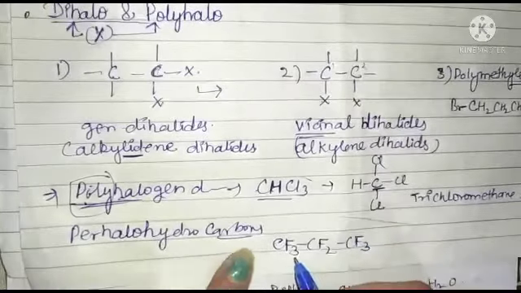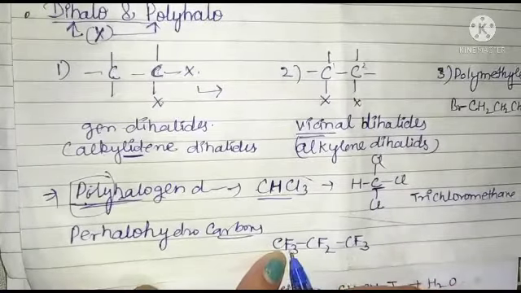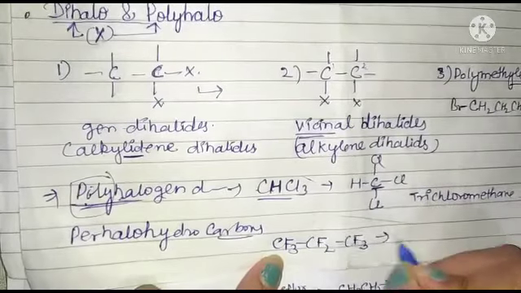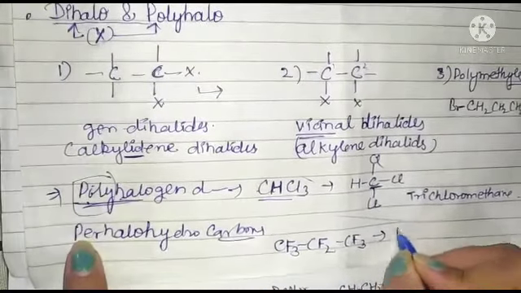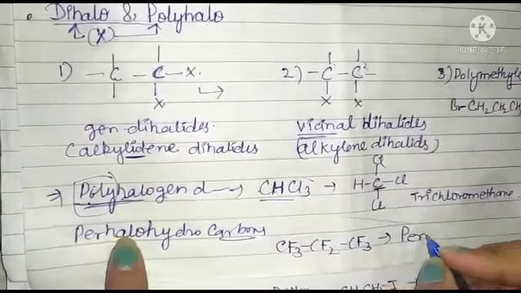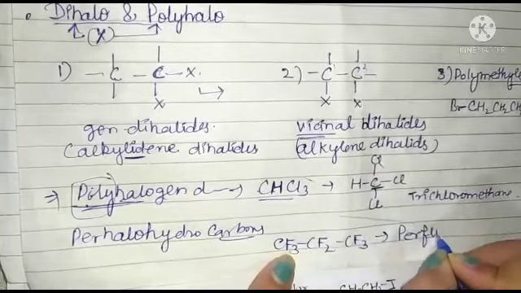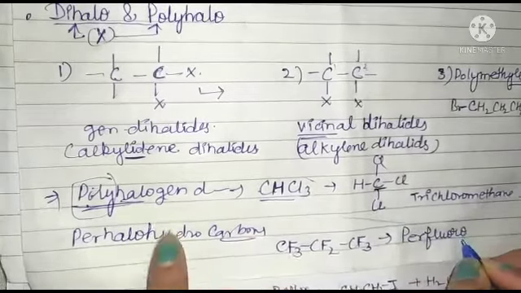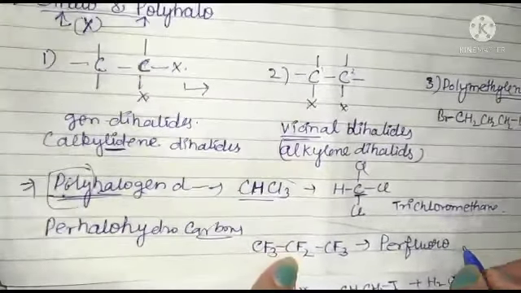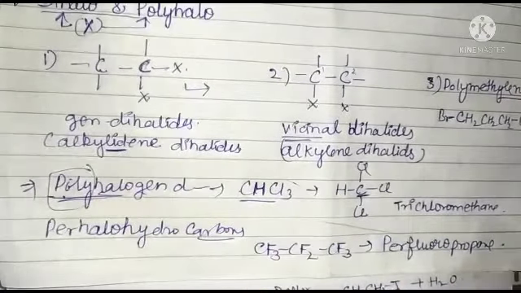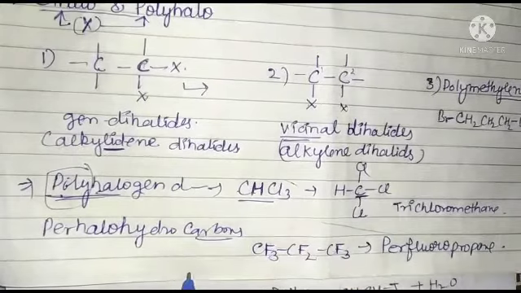Okay, as you can see, there is no hydrogen atom present in this chain. So the name of that compound is, as I'm saying, first we have to write per, after that halo. Halo is here fluorine, so we have to write here fluoro. Next is the hydrocarbon, that is propane. Okay, so this is known as perhalo hydrocarbons.